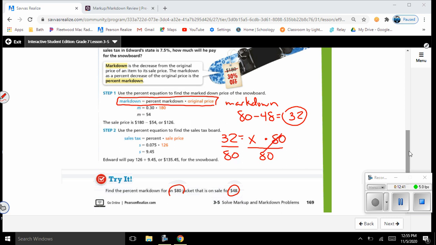X is going to equal 32 divided by 80 is going to be 0.4. Now remember, that's in decimal form. So you have to change that to a percent by moving over 2 places to the right. So as a percentage, it was a 40% markdown. Okay, 40% markdown in that particular product.